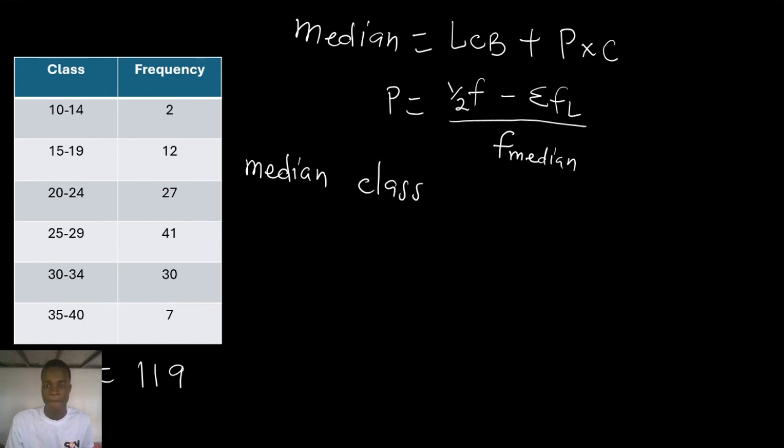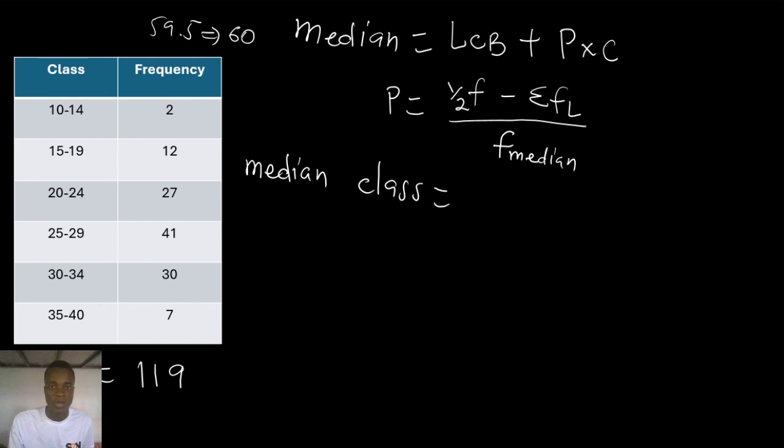To do that, we do 119 divided by 2, and I'll get 59.5. So basically, let's say 60. We got 59.5, but I'll go in with 60 just to have a whole number.